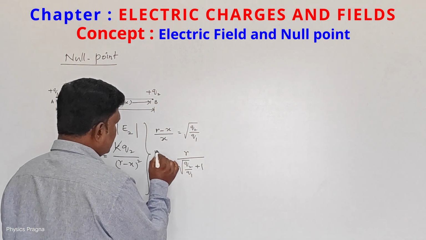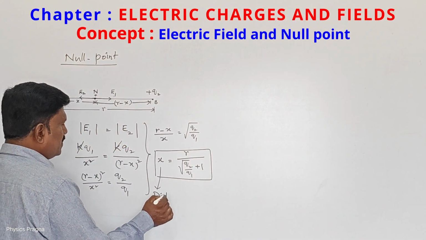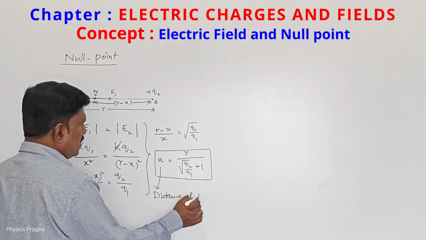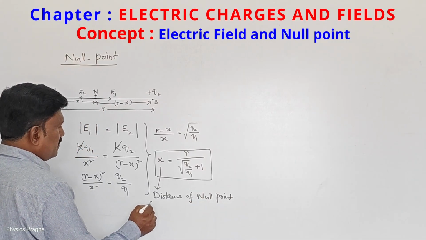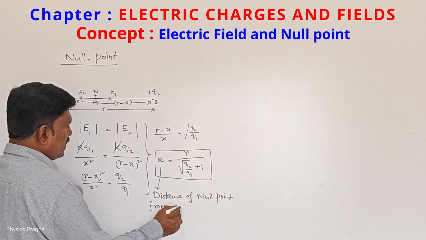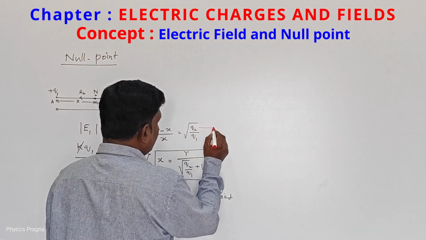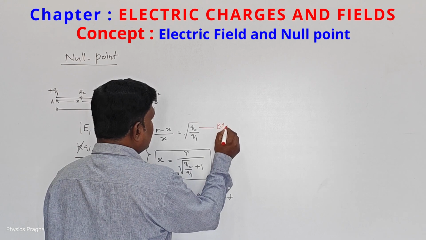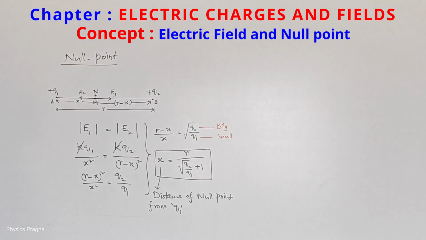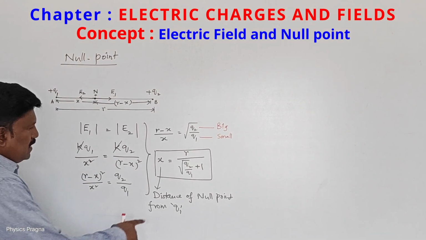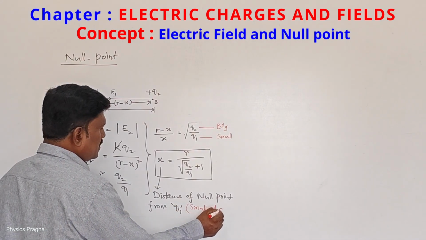This formula you remember, this is the distance of the null point from Q1. Always remember here Q2 is the big one, Q1 is the small one. Always big one, small one. So this is the distance of the null point from the small charge.